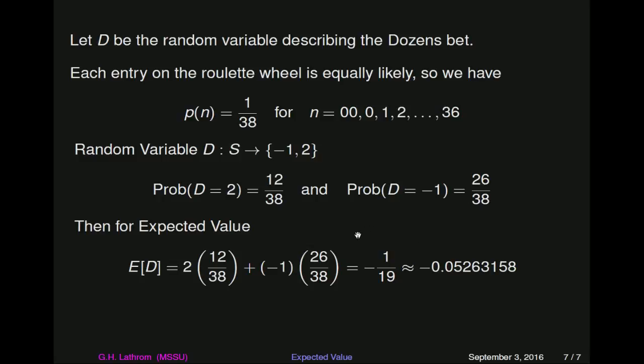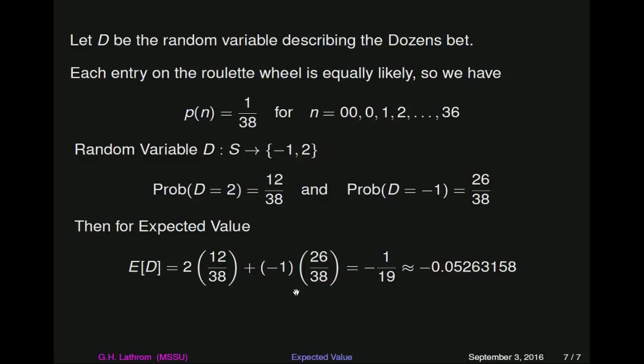Computing the expected value for this, the expected value of D, we have the value of D times the probability, so our value of $2 times our probability of winning $2 plus our losing $1 times our probability of losing $1.